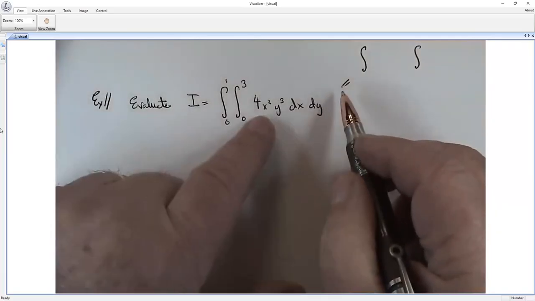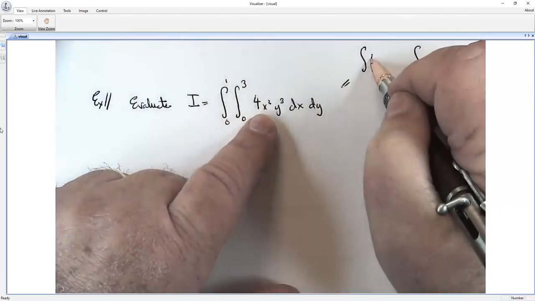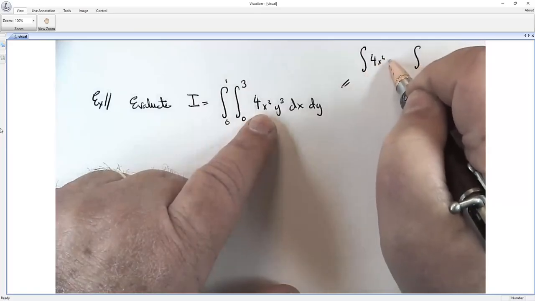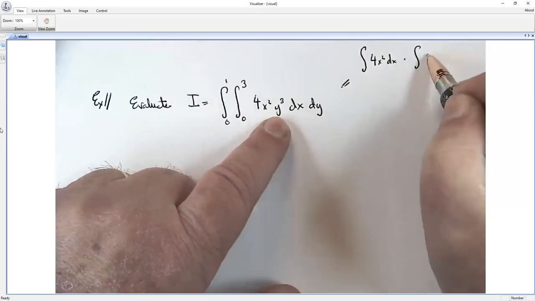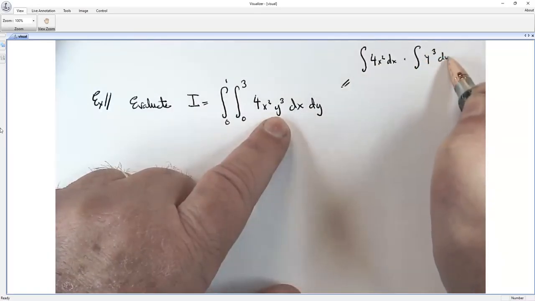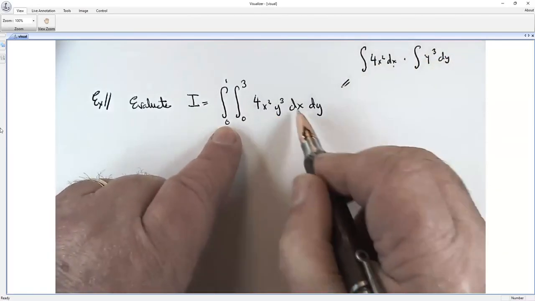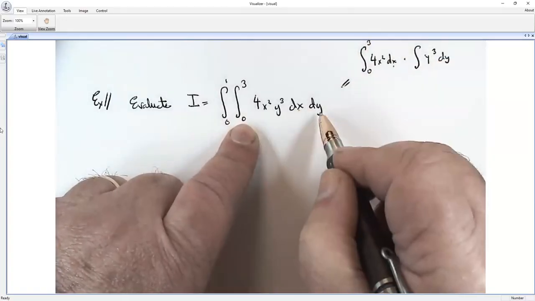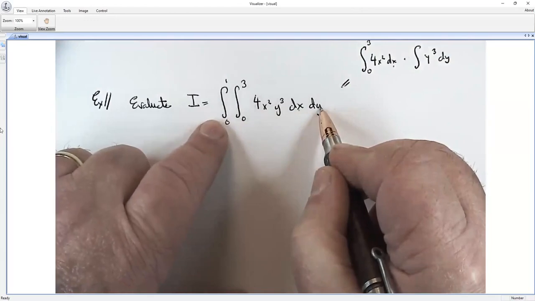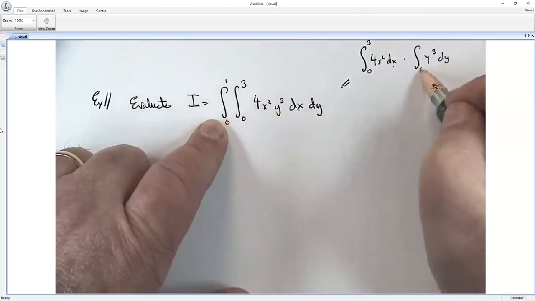I can pull the x's together. That would be 4x squared dx, and then times the y's, y cubed dy. Dx is on the inside, so those bounds would be from 0 to 3. Dy is your outside integral, outside bounds from 0 to 1.